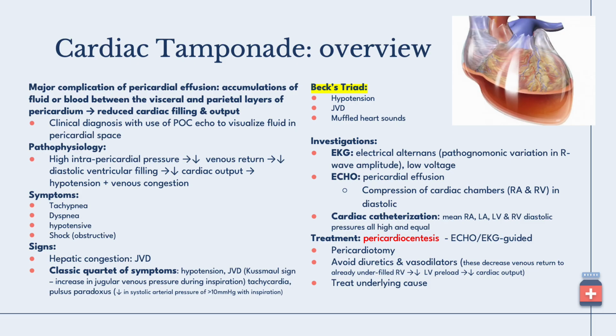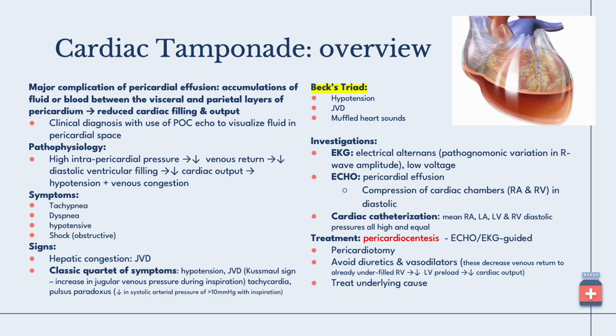So pathophysiology, we've got high intrapericardial pressure that leads to a decrease in venous return, which leads to decreased diastolic ventricular filling and a decreased cardiac output, which can lead to hypotension and venous congestion.